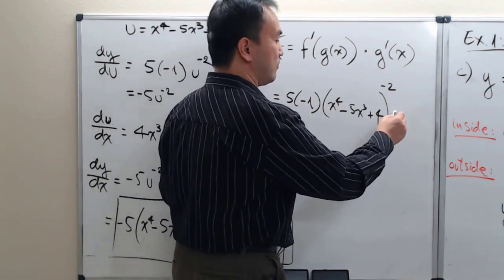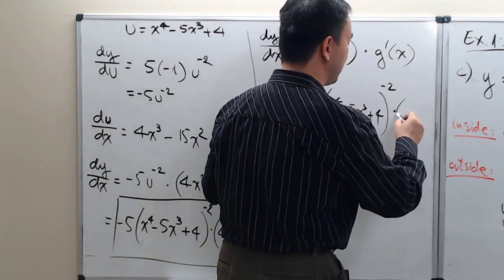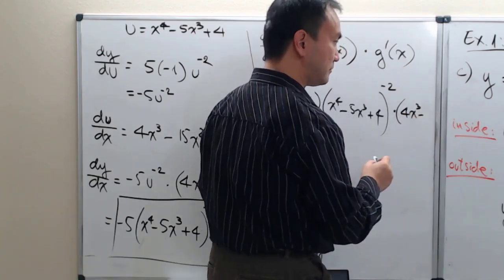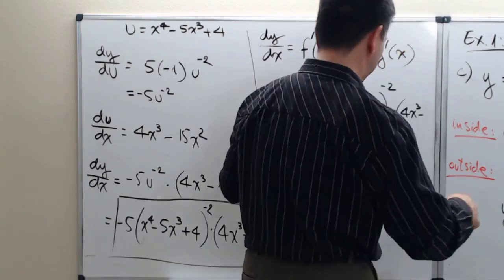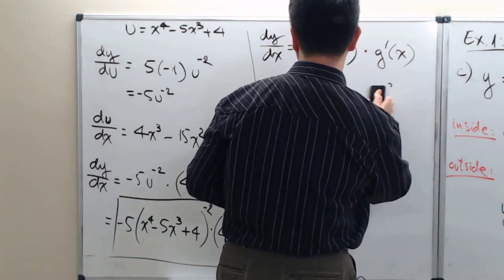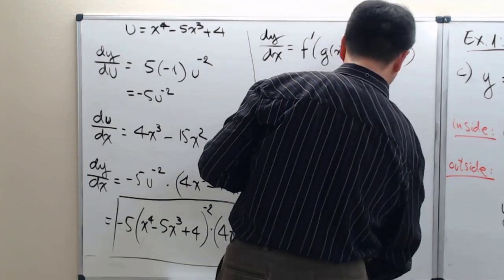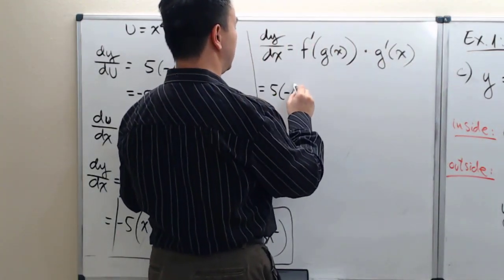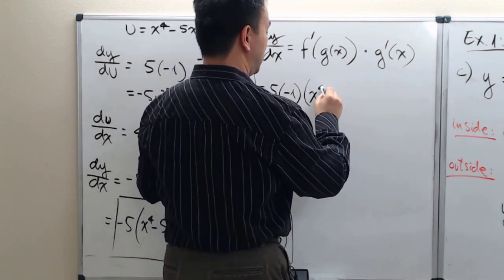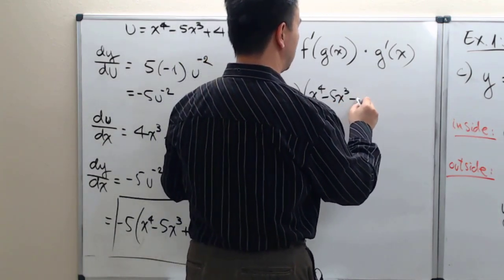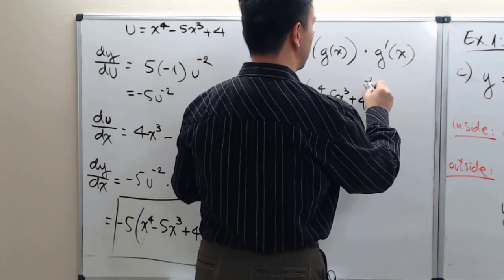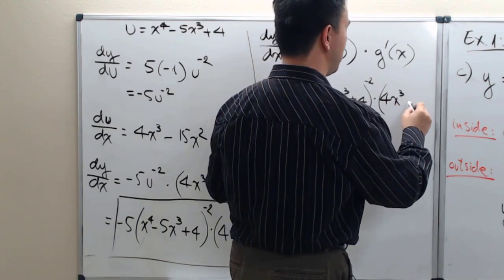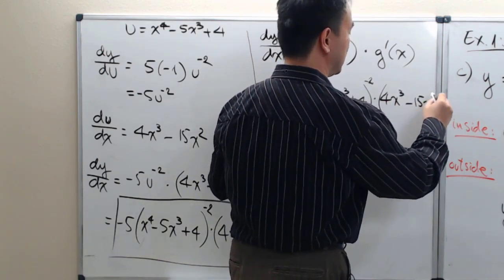And now I am going to multiply with g prime. So g prime here is the whole 4x cubed minus 15x squared. And I just realized now that I'm a little bit running out of space, so let me rewrite the whole thing here. 5 times negative 1 times x to the fourth minus 5x cubed plus 4 to the negative 2 power, and now multiply with 4x cubed minus 15x squared.